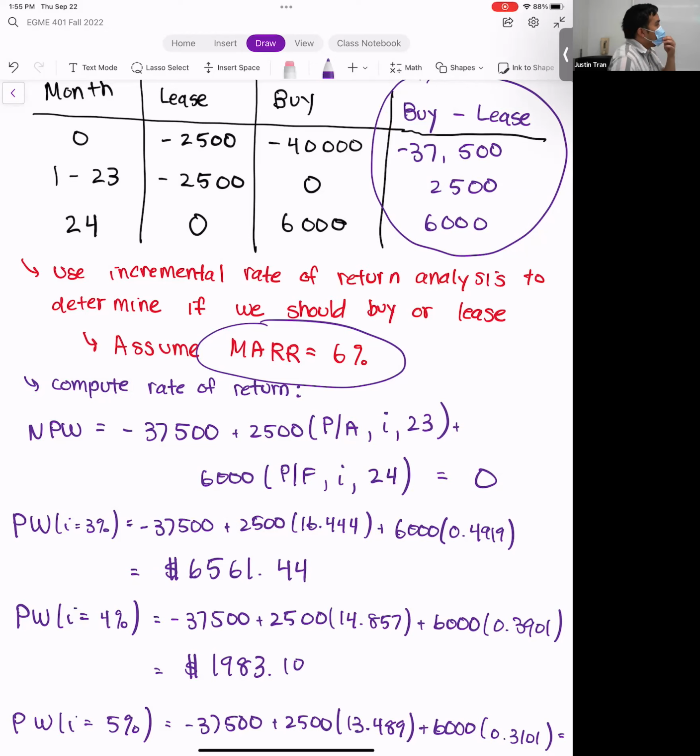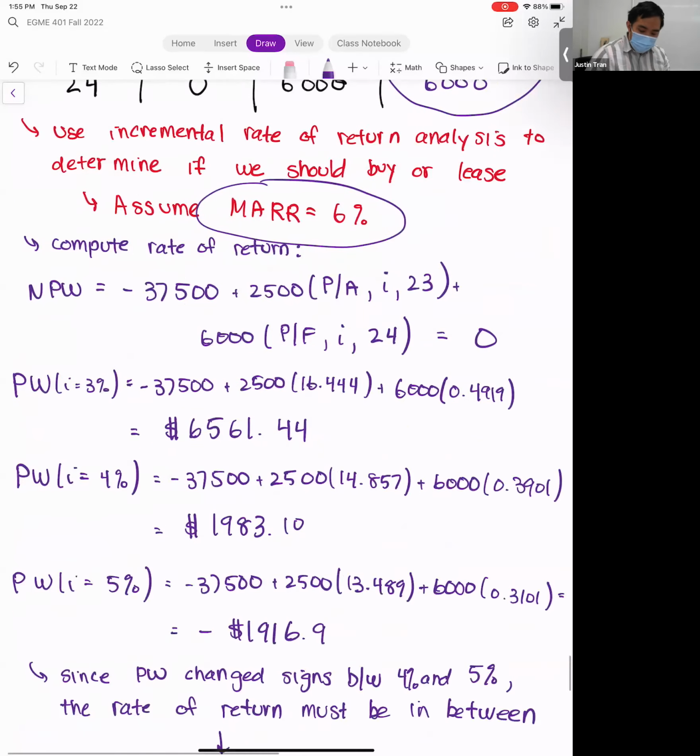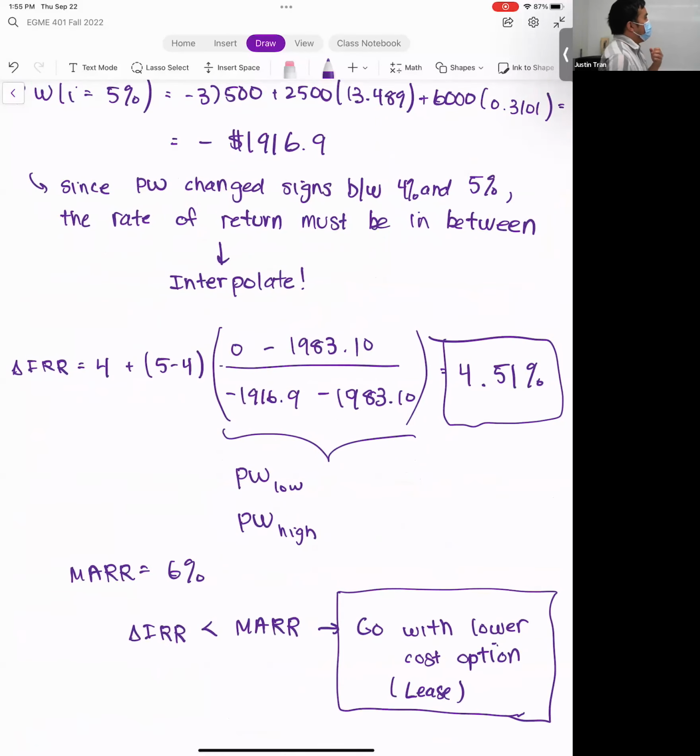If you buy a piece of equipment versus leasing it from somewhere, it's going to cost less in the long run. So what this 4.51% represents is the rate of return of choosing to buy over leasing.